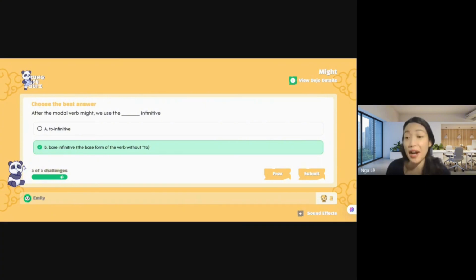So it is bare infinitive. After the modal verb might, we always use the bare infinitive. It is the base form of the verb without to. For example, I already provided some examples, right? It might rain, right? Okay. Is this all right? All right, so that is just the quiz. And now we are going into the form and the usage of this modal verb.